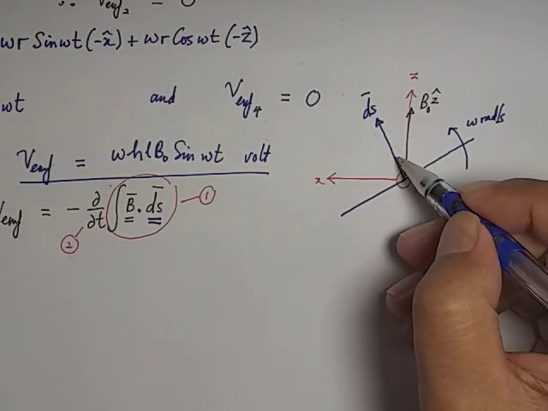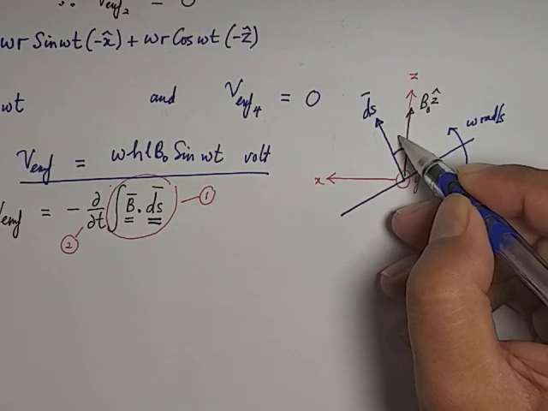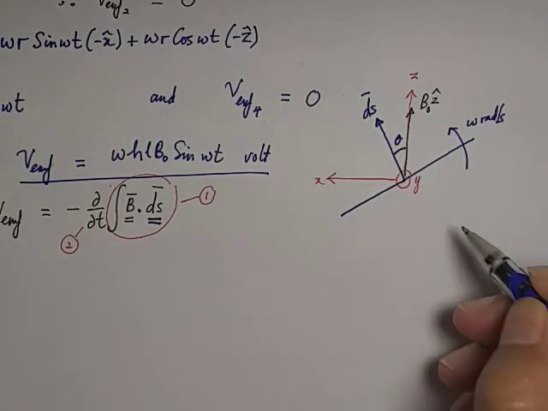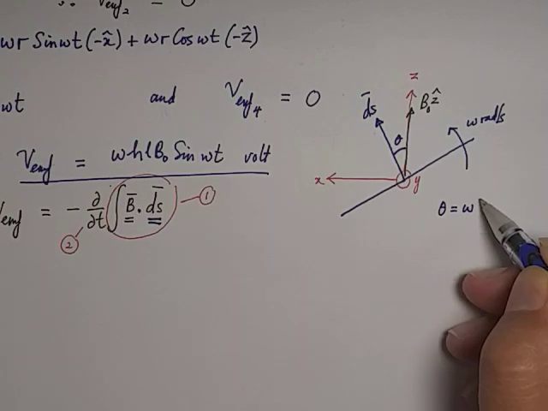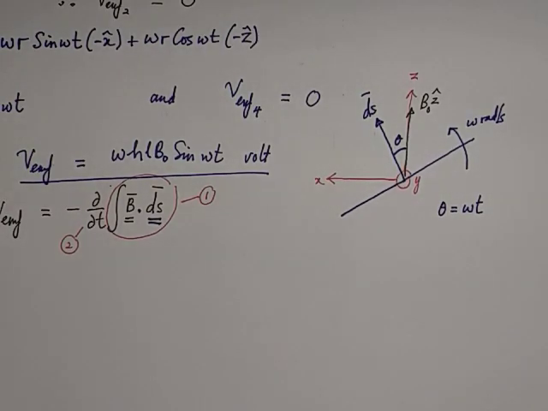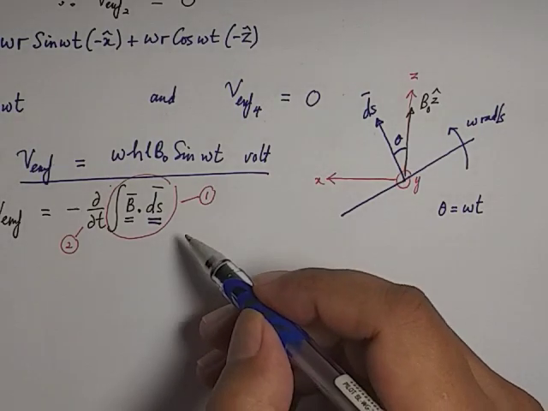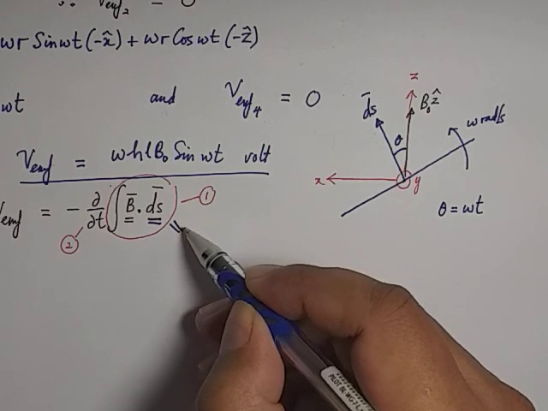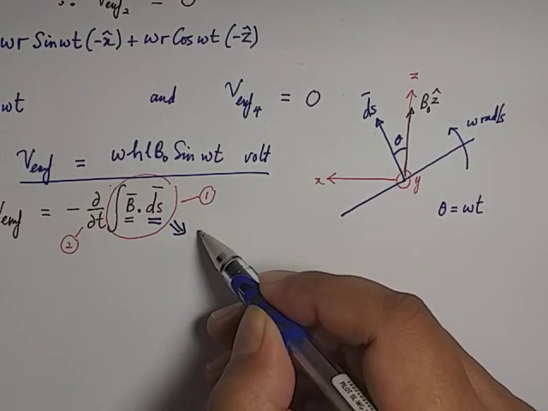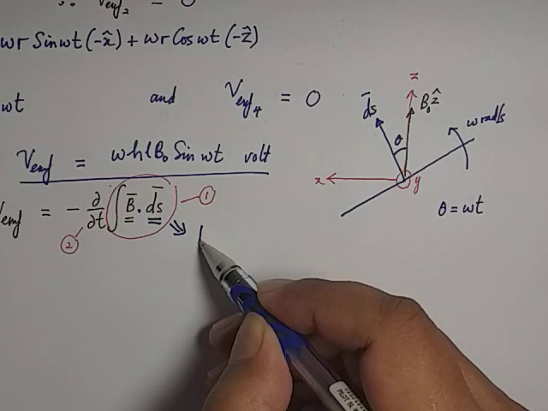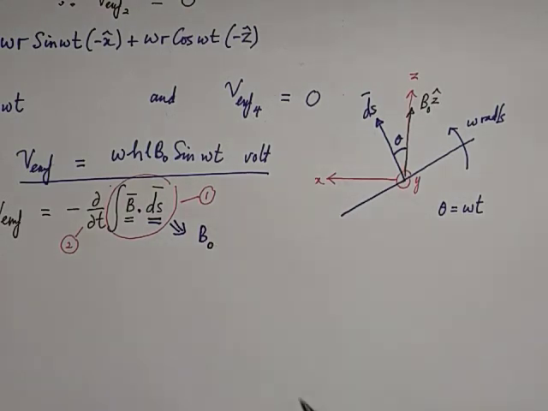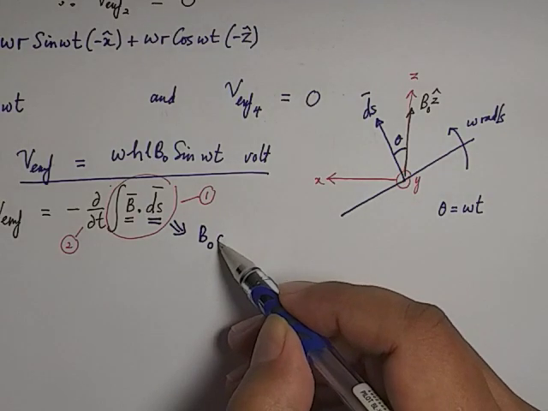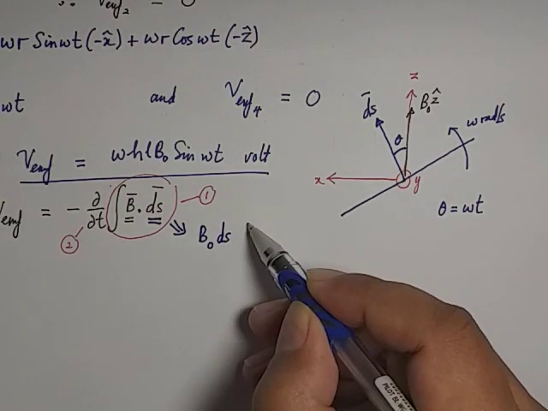Okay, and then we know this angle theta. We already defined just now that theta is still equal to omega t. If I refer back to my dot product A dot B, now if I do the dot product B dot ds, it is going to be B naught, and then ds, and then what?